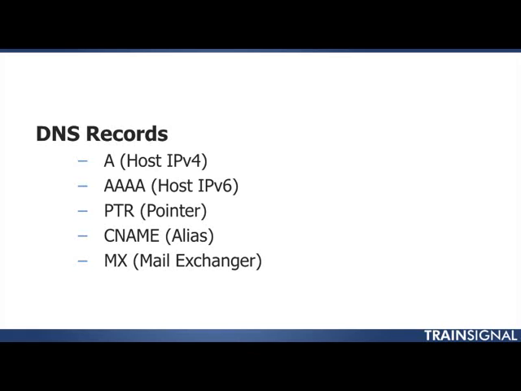We have CNAME or alias to give a simplified name rather than a user having to know the true name of a server. And then we have our MX records, which is specifically for email. You need to be familiar with those records above and beyond all else. There are other records out there, but they get specific to certain needs on a network.